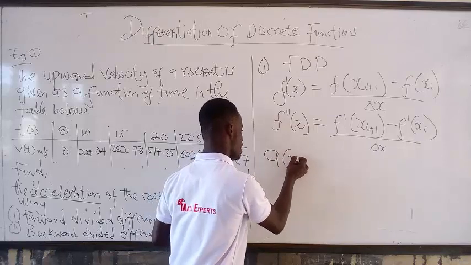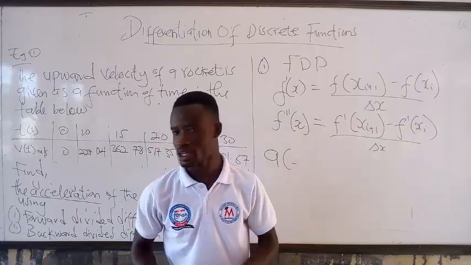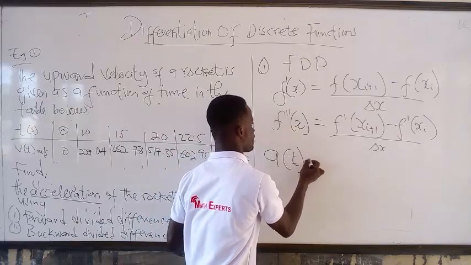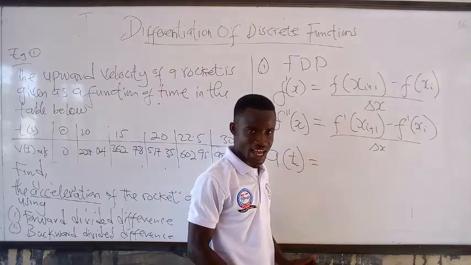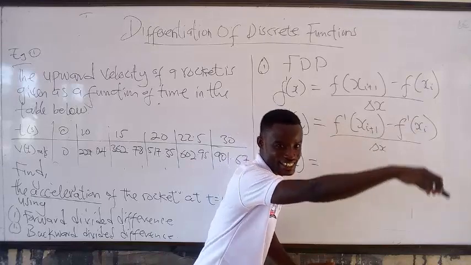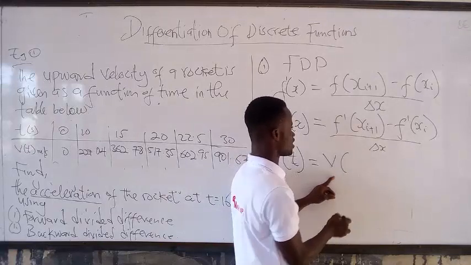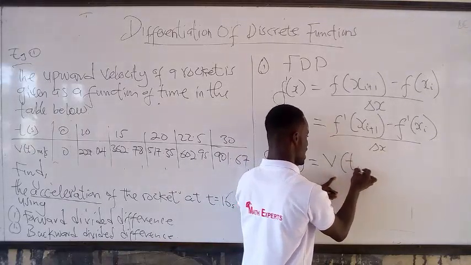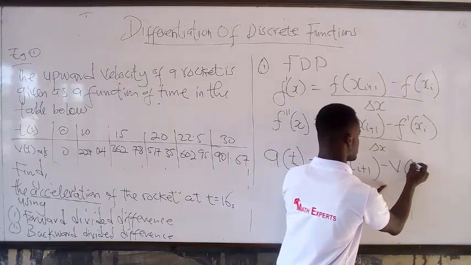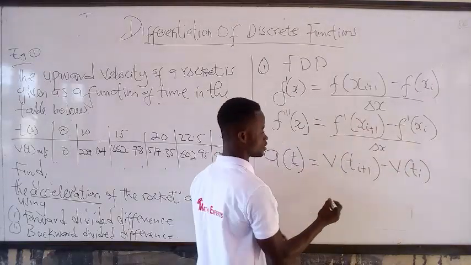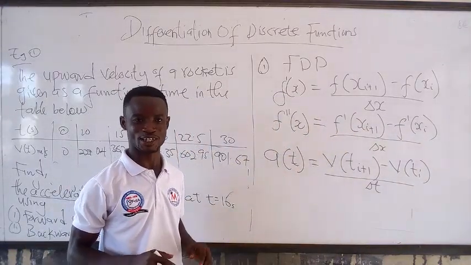So a in terms of t, because that is time, will be equal to the f prime here, which is the first derivative, so that will be v, then v of t i plus 1 minus v of t i, all over delta t. So this is the formula to use.